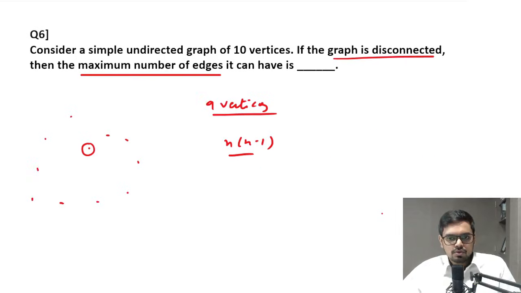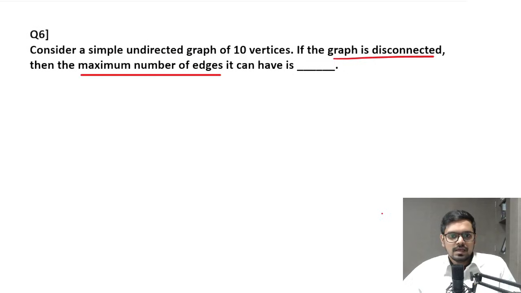The other way to solve is this. In general we know that if this condition was not there, then the maximum number of edges is n into n minus 1 by 2.